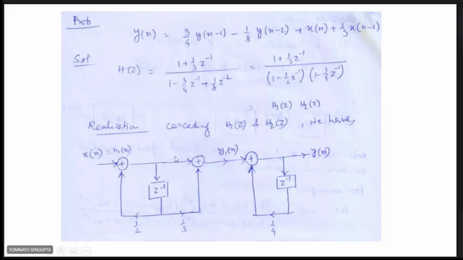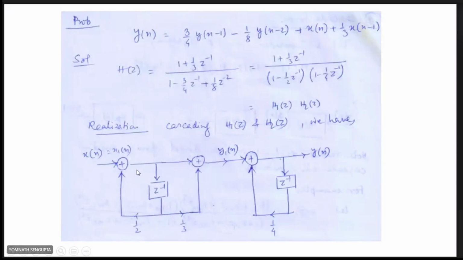So the first coefficient is 1, and the coefficient going to the output side is 1 by 3. That part is over. Then the coefficients go to the input side. First this is going directly to the output side, it is 1.